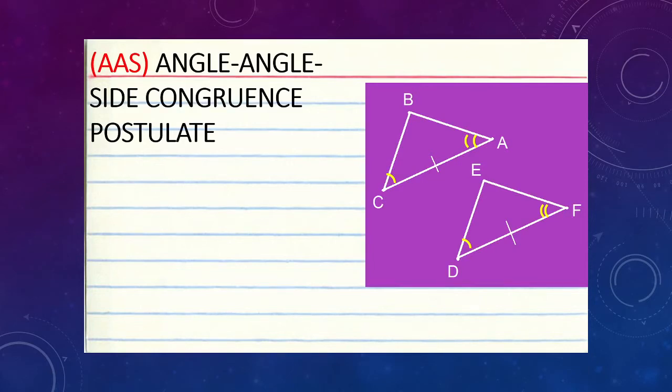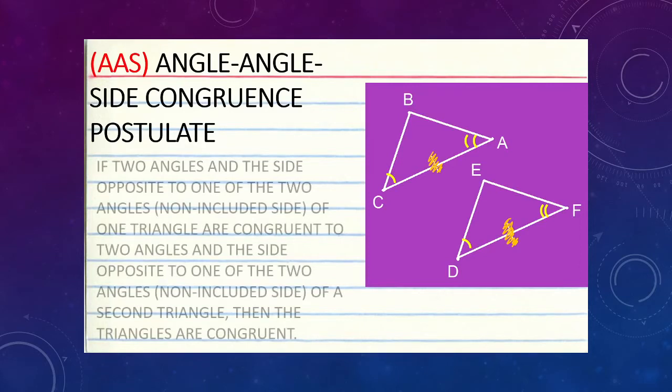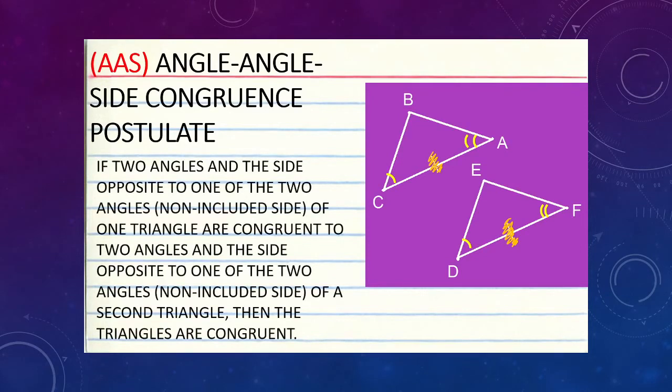Take note, so our drawing is wrong. If this is our drawing, section Ruby, then that's angle-side-angle. So take note of this. This is what I want you to discover.